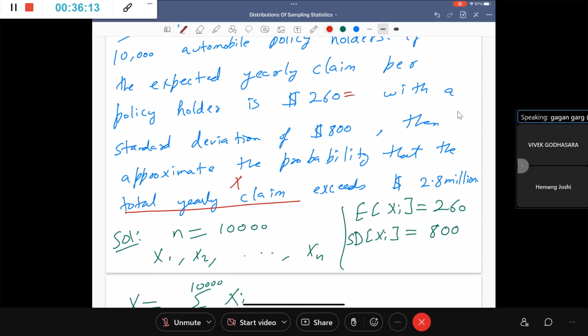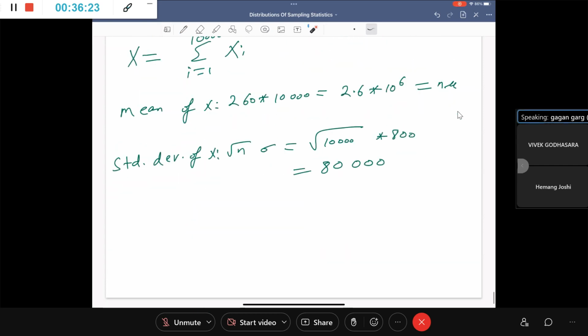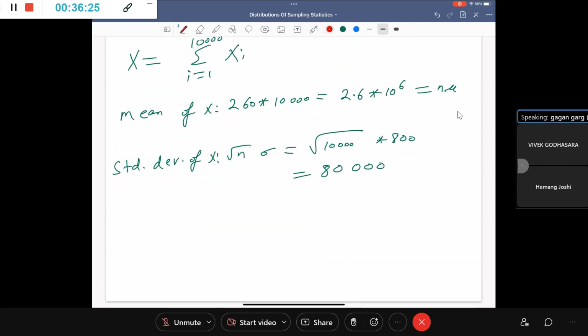This is your mu, and this is your sigma. So the question that we are asking is what is the probability that x exceeds $2.8 million? So the probability x more than 2.8 into 10 to the power 6. This is the probability that we are interested in.